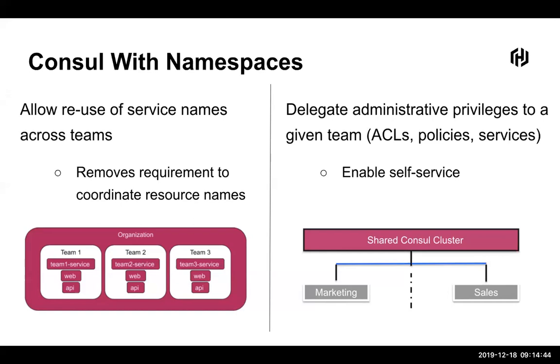The other benefit of namespaces, as I mentioned, is that you can delegate admin privileges to a given team. A super admin can delegate to individual teams things like ACLs, policies, tokens, services, and the like. This truly enables self-service of these things on a team basis.